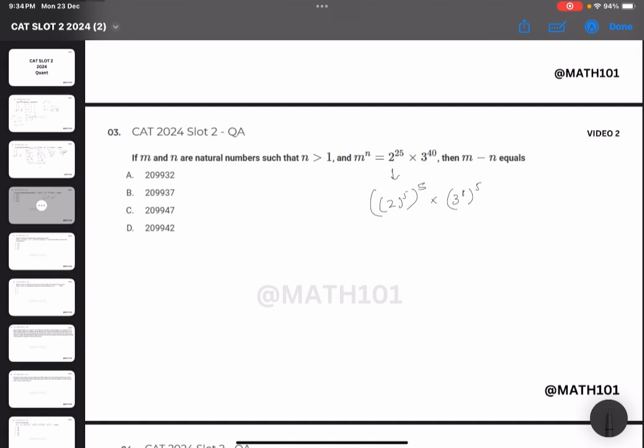Notice we'll have to take the greatest common divisor of the exponents, because the power is n. The exponents are the same for both the bases. So we get m equals 2 to the power of 5 into 3 to the power of 8 and n equals 5.